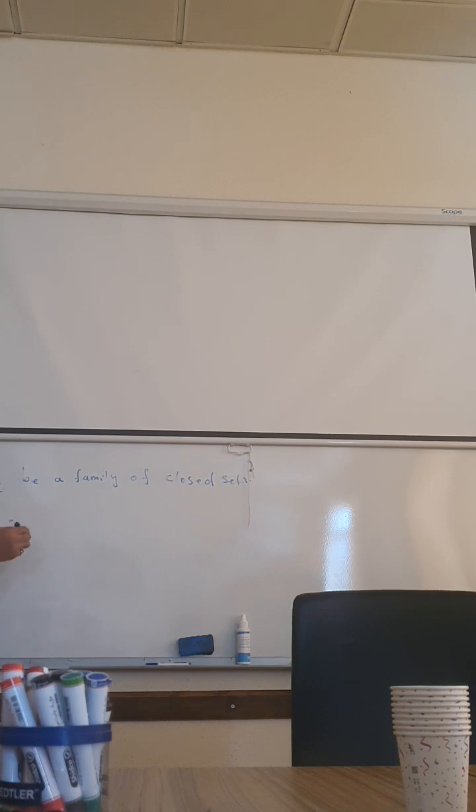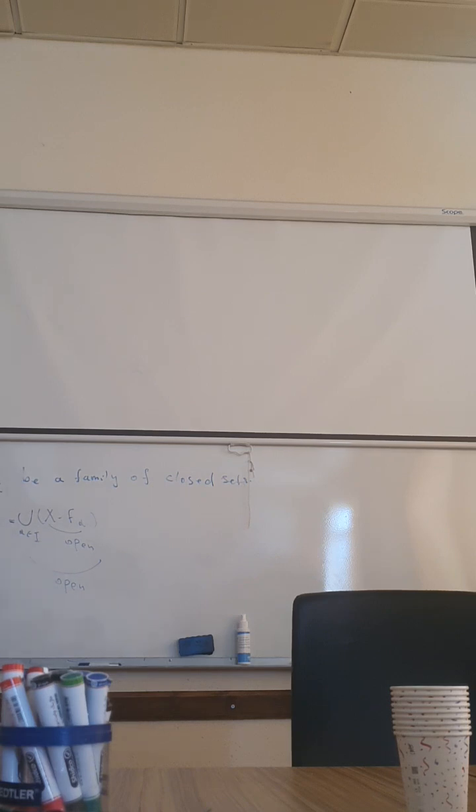This is equal to the union of the complements; this is the De Morgan property. But for each alpha, this F alpha is closed, so its complement is open, okay? So this union must also be open, so this is an open set.